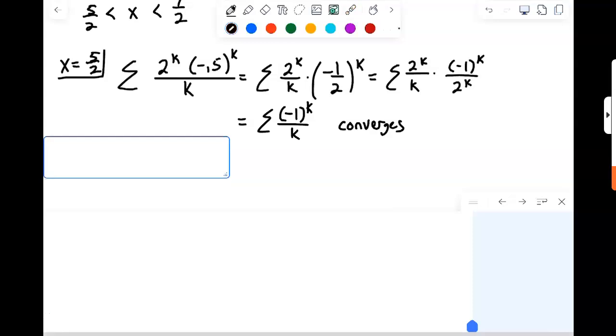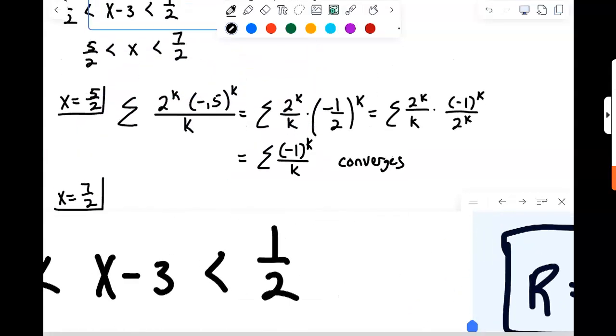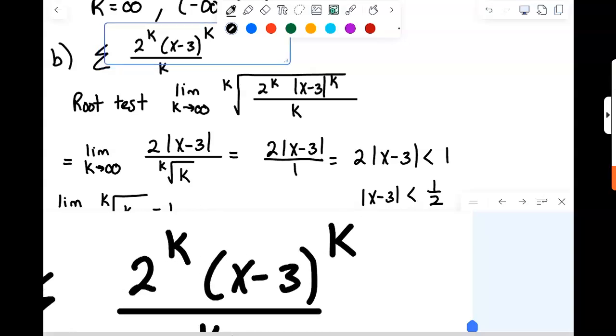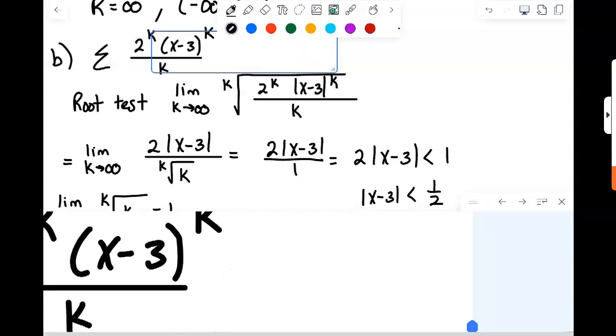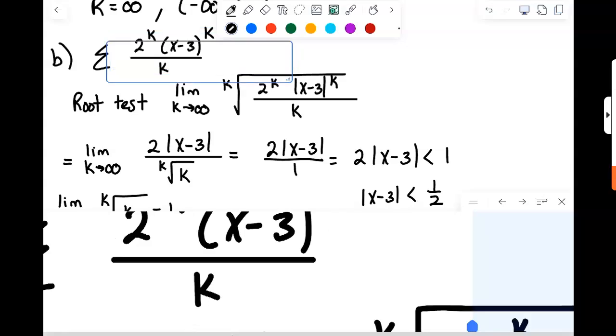What about at 7/2? Well, at 3.5, when you plug x equals 3.5 or 7/2 in, going back to the original, 2 to the k. 3.5 minus 3 would be a positive 1/2. So we're going to have 2 to the k times 1/2 to the k over k.